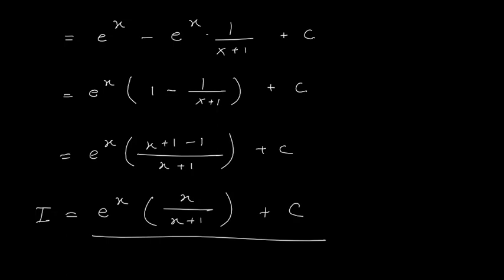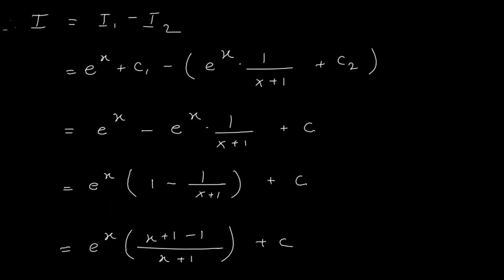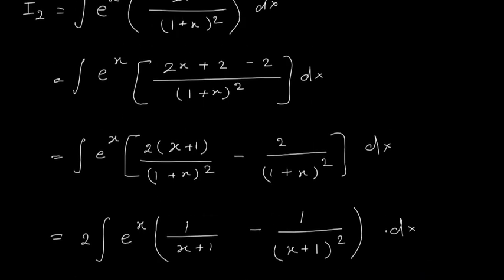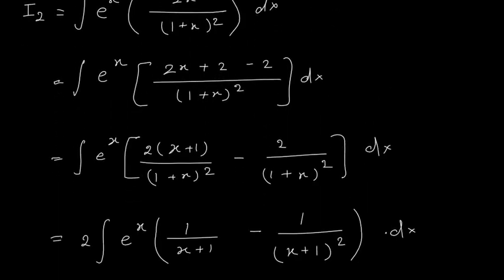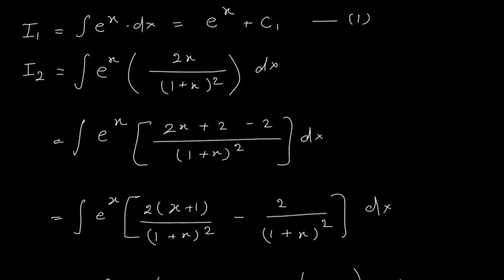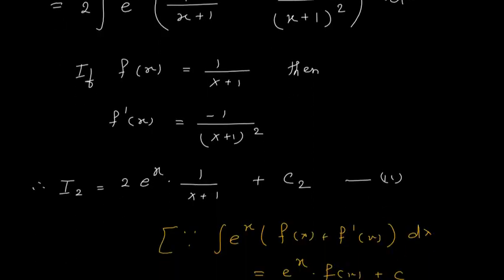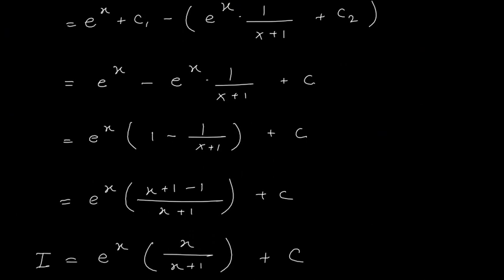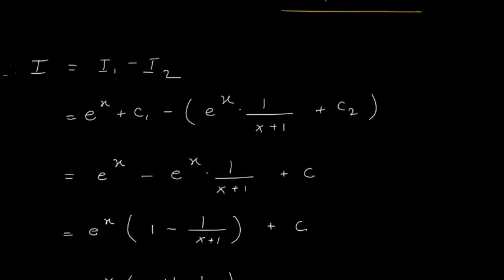Let us check again the I1 and I2 values, what we have done. So I1 is e power x plus c1 and I2 is 2 into e power x into 1 upon x plus 1. What have I replaced here? Okay, so I forgot to write 2 here.